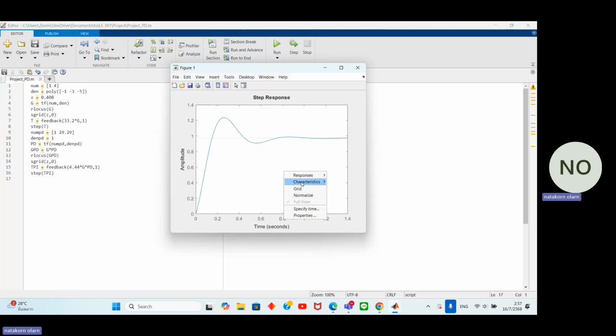Okay, this point, the settling time will be 0.685, which is reduced from the system before compensate.